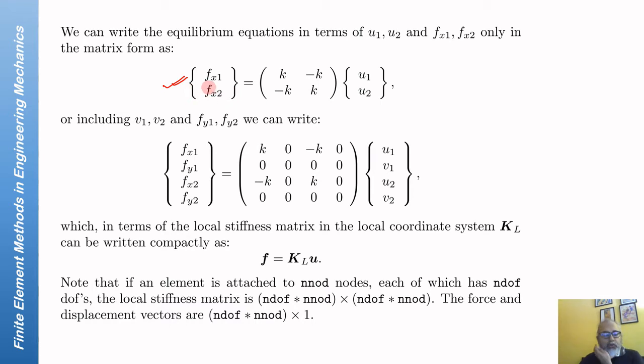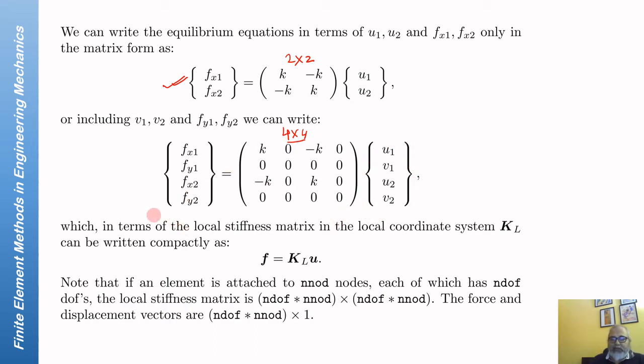But if you want to also include the fact that Fy1 and Fy2 are always 0, you should better expand this 2 cross 2 stiffness matrix into the 4 cross 4 stiffness matrix, increase the number of degrees of freedom to include u1, v1, u2, v2, and then the forces will include Fx1, Fy1, Fx2, Fy2, and you will have the information from the stiffness matrix that Fy1 and Fy2 are always equal to 0 no matter what these degrees of freedom are.